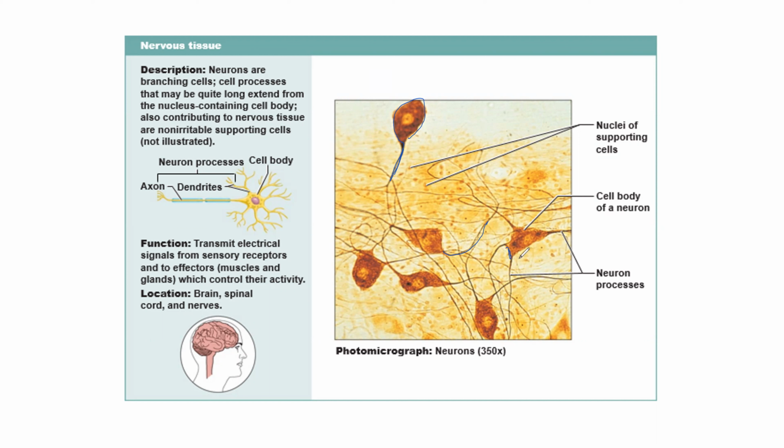So here's the cell, and it has several processes, so it's branching. Cell processes that may be quite long extend from the nucleus-containing cell body. So that's a cell body, here's a nucleus inside.